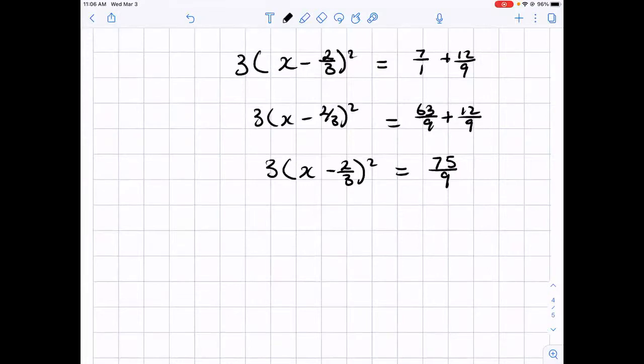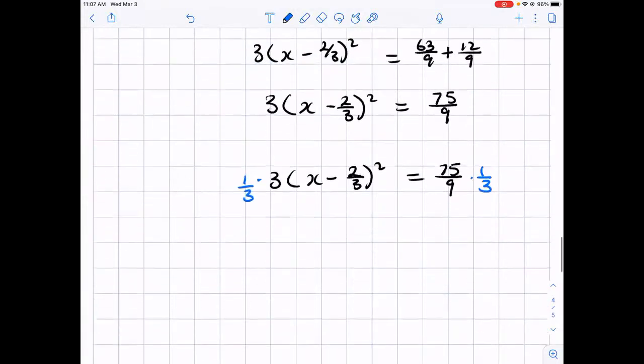Now we have to get rid of the 3. So this becomes x minus 2/3 squared equals 75 over 9. And to get rid of this 3, I can multiply by 1/3 or divide by 3.